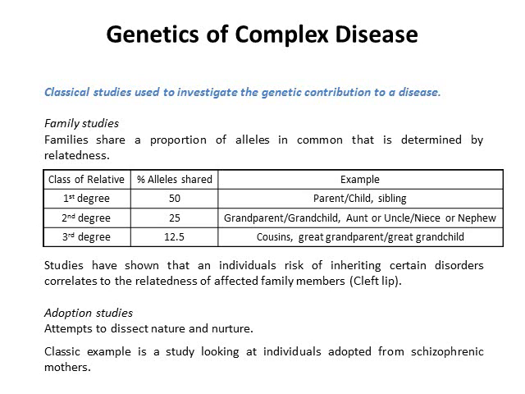So another way of classically studying how genetics are contributing to a disease is via family studies, or familial studies. These are slightly different to concordance studies with identical twins, but share some conceptual similarities. If you think about degrees of relatives in your family, let's start with first degree relatives, which are either your mum and dad or your children or your brothers and sisters.